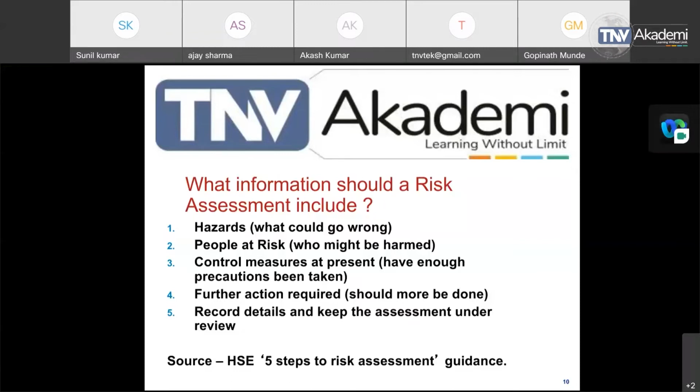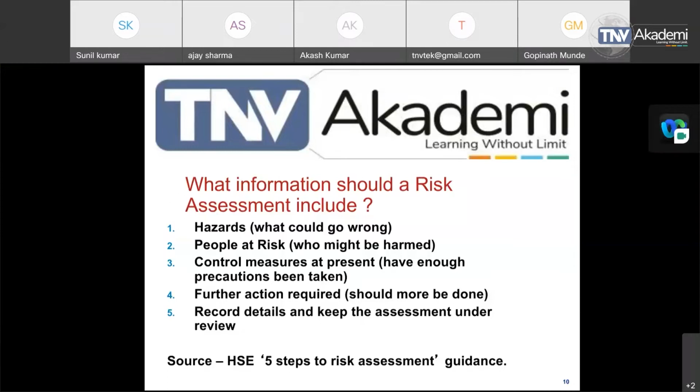And then what further action is required. The action you have taken for your hazard should be completely implemented according to your risk mitigation. And the fifth is to record the details and keep the assessment under review.